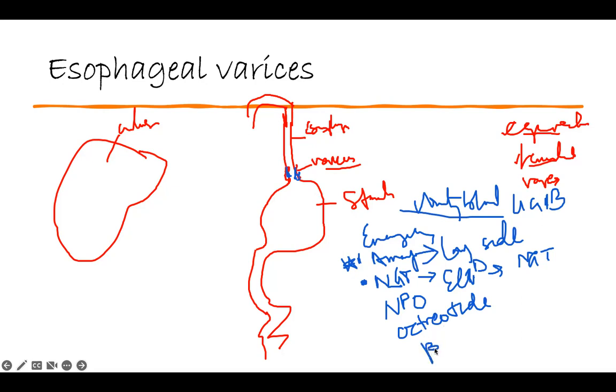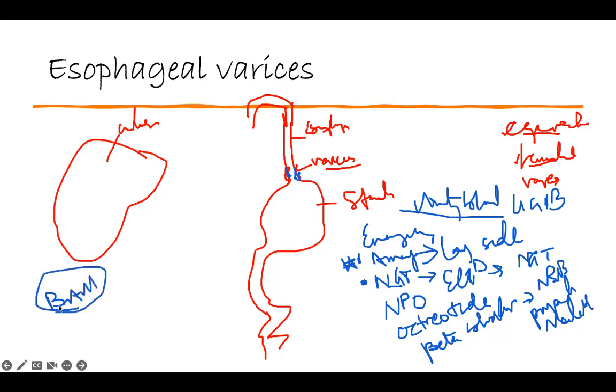You can also use a beta blocker. We usually give them a beta blocker to decrease the vascular resistance in the vessel. This is another place where you can use a beta blocker, but the beta blocker we use here is non-selective. So propranolol and nadolol, those are the two we use. In my asthma video, I talk about BAM, the beta selective blockers.